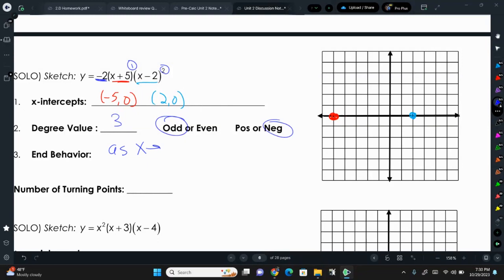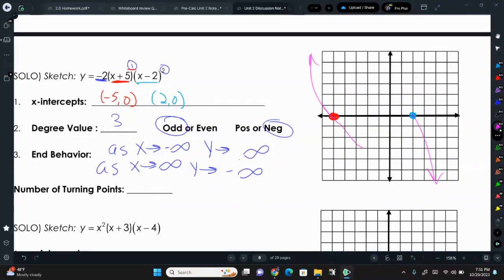So that means as x approaches negative infinity, the left side, the y values go up, up to positive infinity. As x approaches positive infinity, y approaches negative infinity. So the left side goes up and the right side goes down. Now, the negative 5, 0 has a multiplicity of 1, which is odd, so our graph goes through the x-axis.